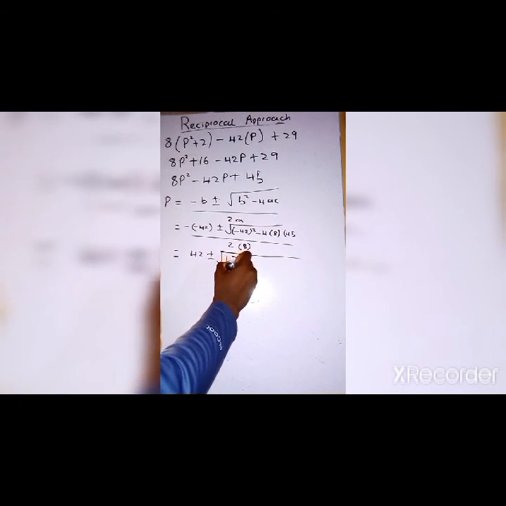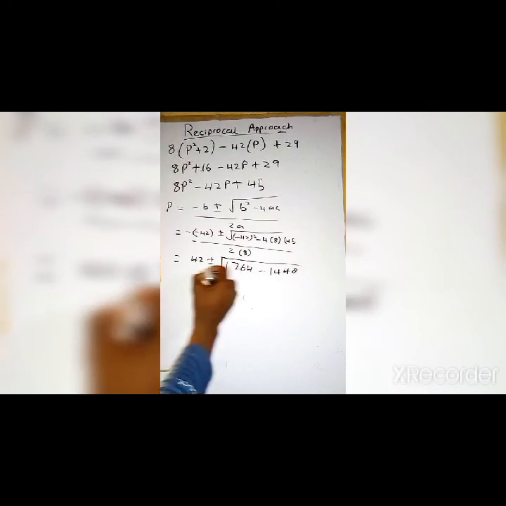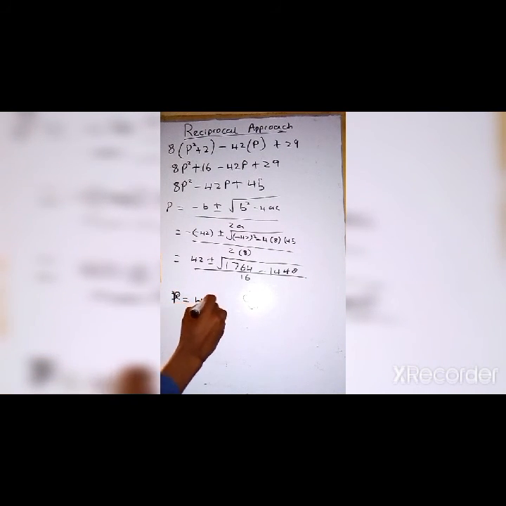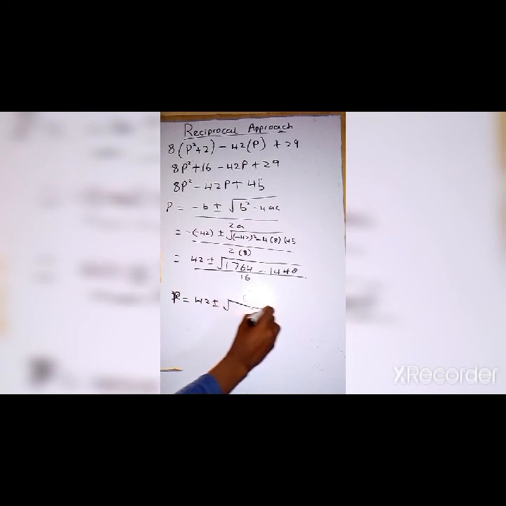My a is 8. Now I have 42 plus or minus square root of minus 42 squared. We have 1764. So 1764 minus this will give me 1440 over 2 times 8, we have 16. So now I have my p equal to 42 plus or minus square root of 1764 minus 1440.